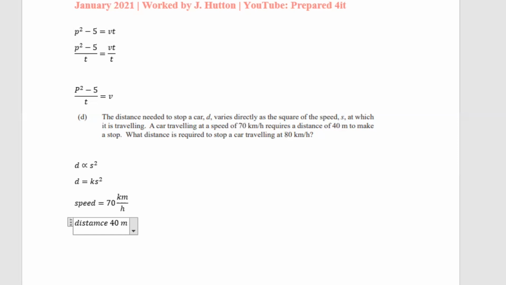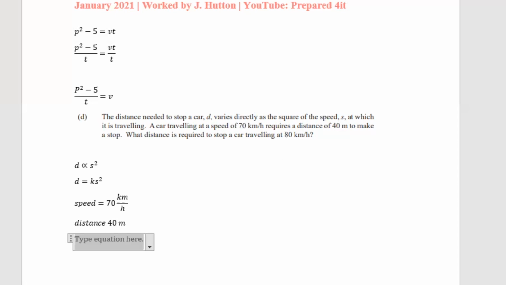So now they're giving us a different scenario. From our formula of d is equal to k s squared, they gave us speed and they gave us distance. So now we can find out our constant of proportion, which is our k value. Once we work that out, it applies for any other question in this regard. So we need to find out what k is, and then that will allow us to find what distance is required to stop a car traveling 80 kilometers per hour.